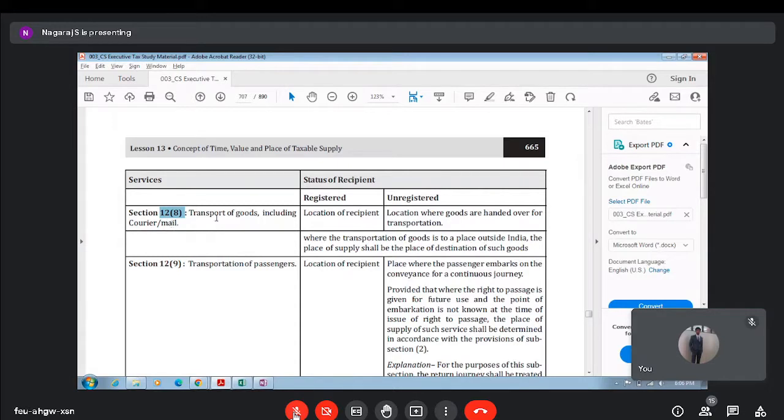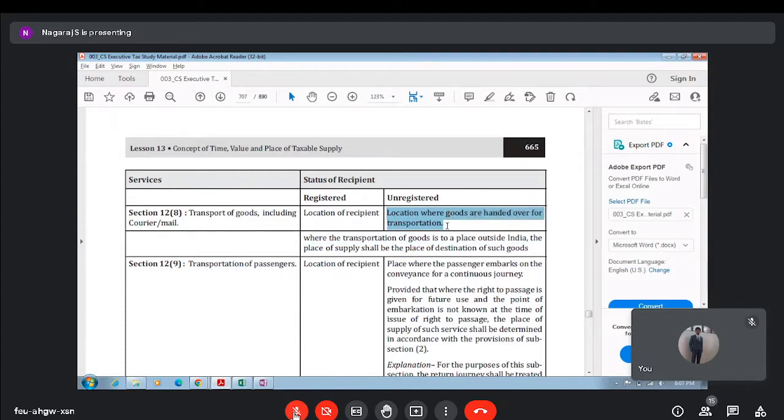Okay. If these kinds of services are given to a registered person, company will also avail these things, no? Then location of the recipient. That means where the company is situated, that place. If these services are received by an unregistered person, the place of supply will be the location where the goods are handed over for transportation.